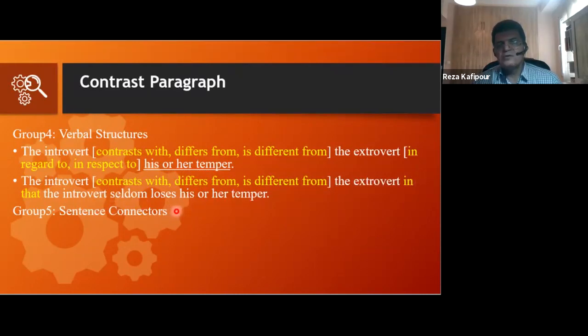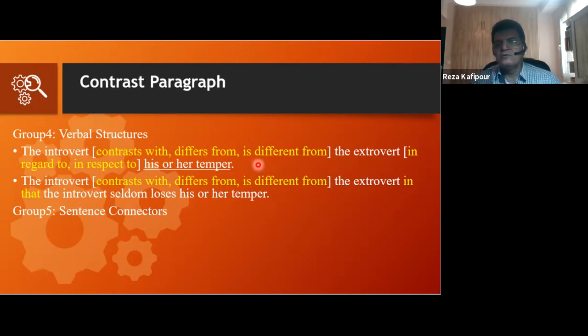But sometimes you are going to provide more information as a minor supporting sentence. You may use this structure, "in regard to his or her temper", and in the next sentence as a minor one, discuss that this one loses his temper quickly, but that one will not lose the temper quickly, for example.